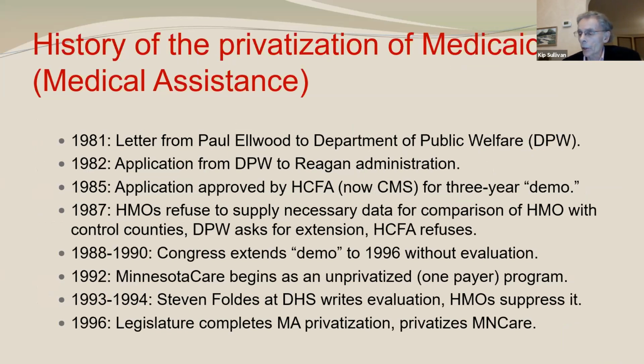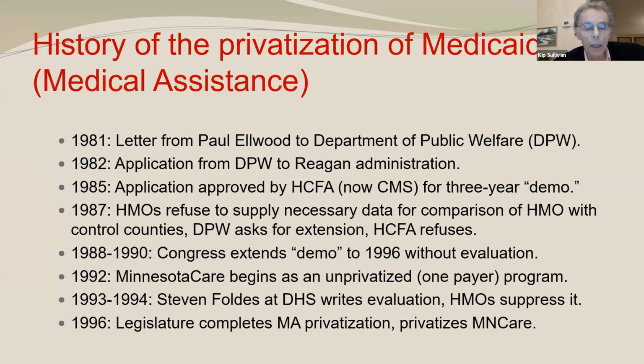Now, I want to turn to the privatization of Medicaid because it illustrates the power and irrationality of managed care groupthink. It began in 1981 with a letter from Paul Ellwood to the Al Quie administration and ended in 1996 when the legislature passed legislation authorizing privatization in all 87 counties in Minnesota.